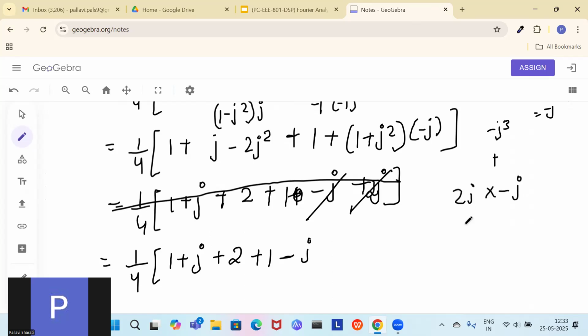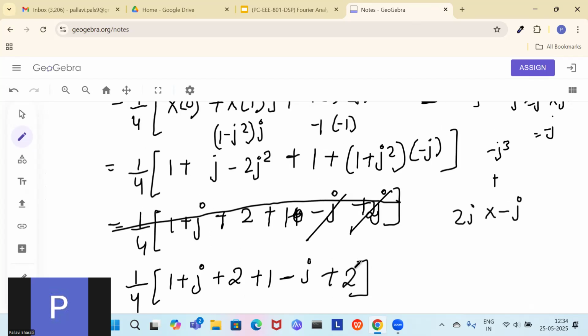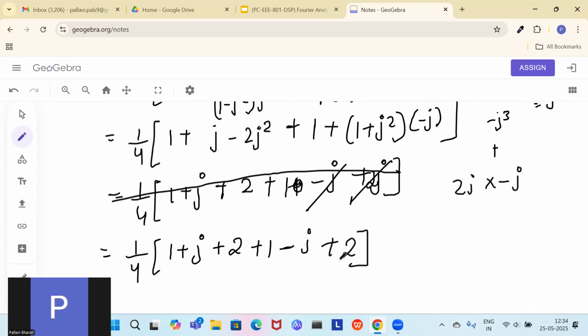So j square is going to become -1. So finally it will be +2. So the value of j gets cancelled with -j. And what you have here is 2 plus 2, 4, 1, 5, 1, 6 by 4. That is 3 by 2 equals 1.5.